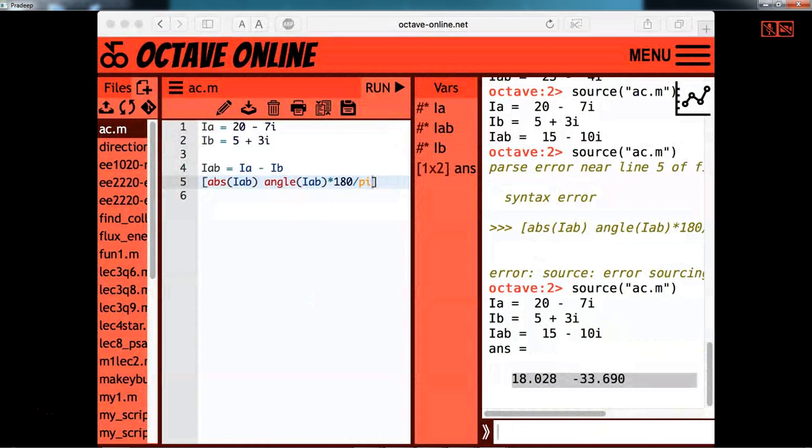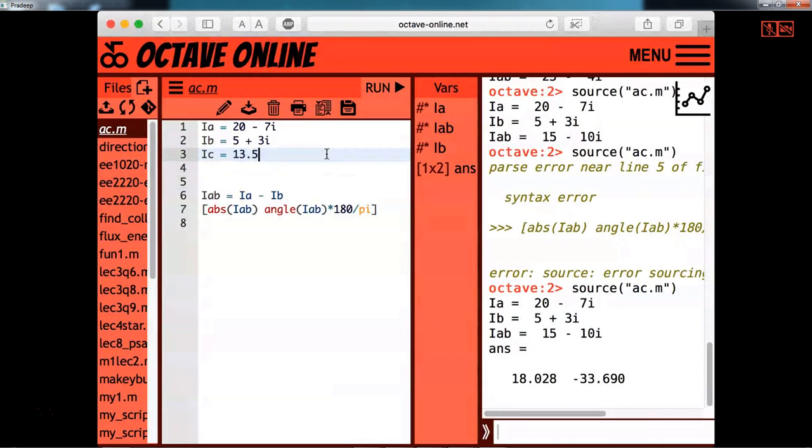So first I will define IC. So how to define IC? Look at the screen. IC is nothing but the magnitude is 13.5. Then for angle, what you have to do, you say multiply and then exponent and then I into whatever angle. So angle was given 40 degrees.